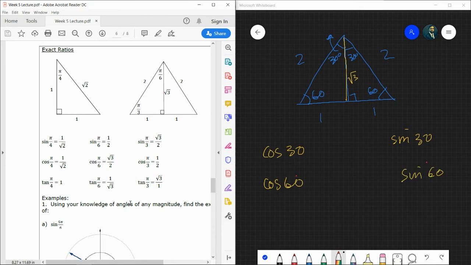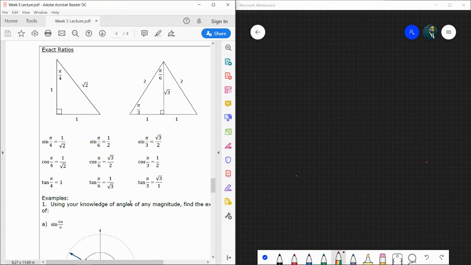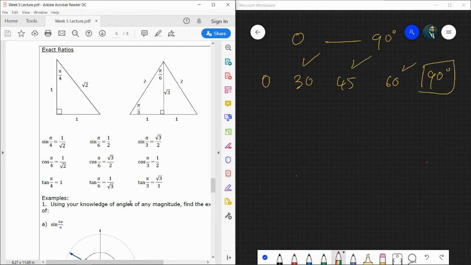So we are done with 30, we are done with 45, we are done with 60. So what's left is 0 and 90 degrees, because we are interested in 0, 30, 45, 60, and 90 degrees. So if we look at this whole range, this is done, that's done, that's done, left with this and left with that. So that too can come from sine sketching.